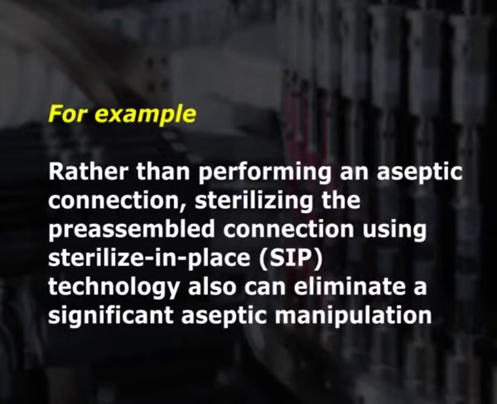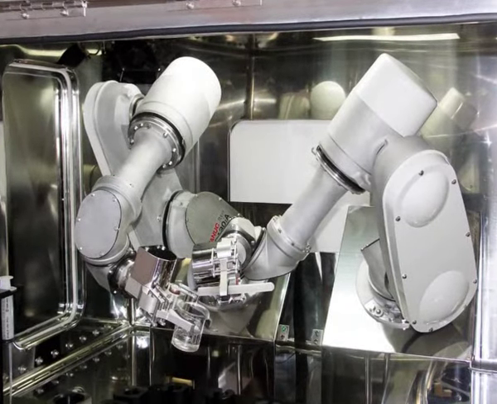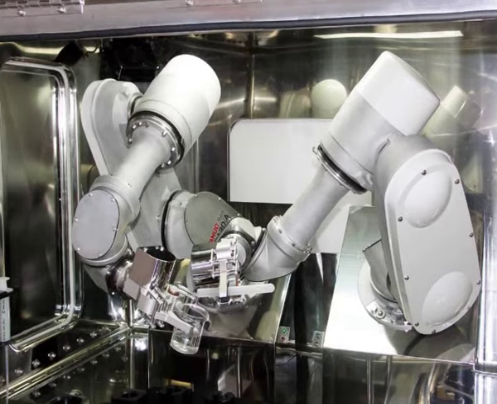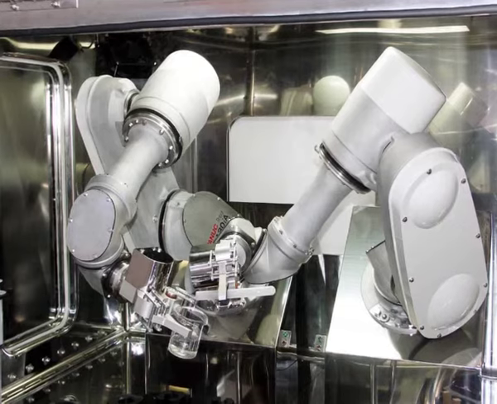Sterilizing the pre-assembled connection using sterilize-in-place, which is known as SIP technology, also can eliminate a significant aseptic manipulation. Automation of other process steps, including the use of technologies such as robotics, can further reduce the risk to the product.